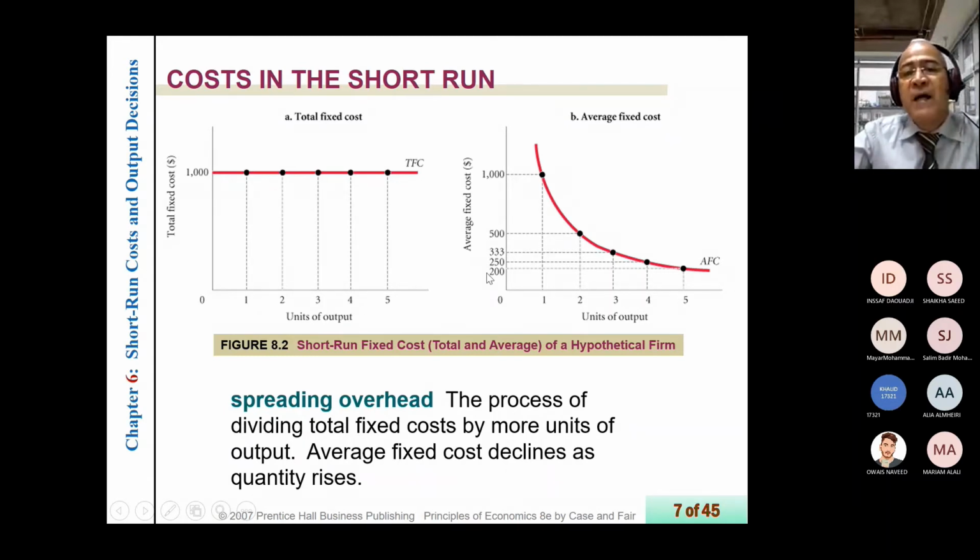If I produce 5 units, average fixed cost will be 200. If I produce 1,000, average fixed cost will be 1 dirham. If I produce 2,000, average fixed cost will be 50 fils. So average fixed cost decreases as output increases.